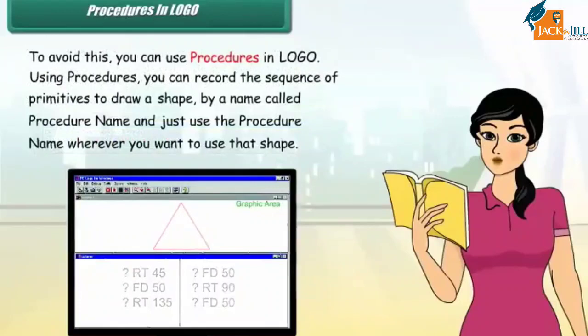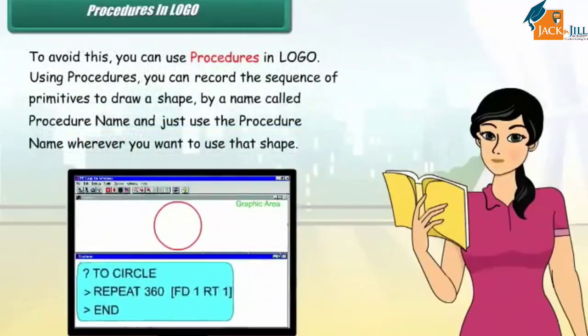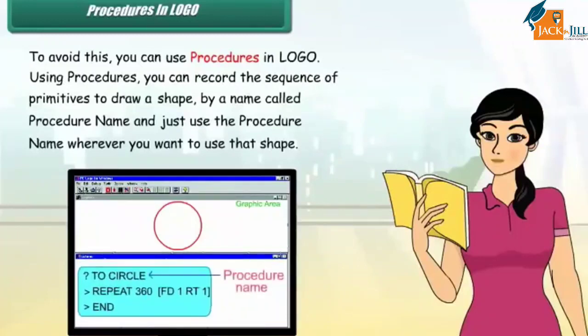To avoid this, you can use procedures in Logo. Using procedures, you can record the sequence of primitives to draw a shape by a name called procedure name, and just use the procedure name wherever you want to use that shape.